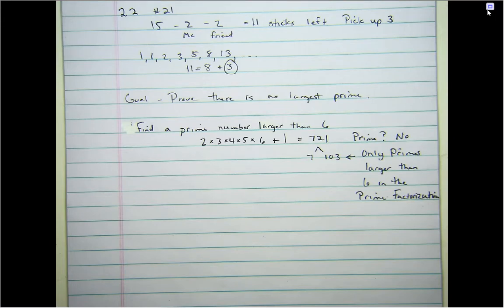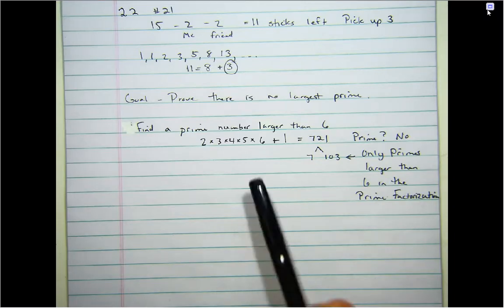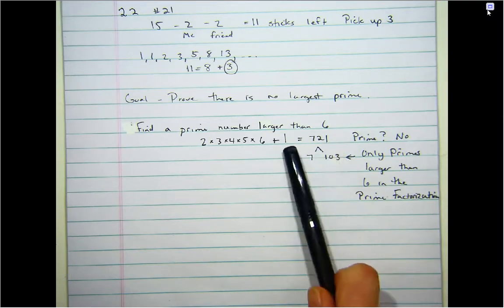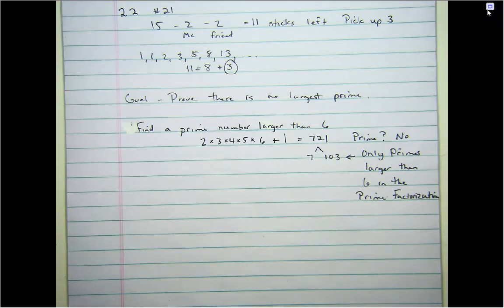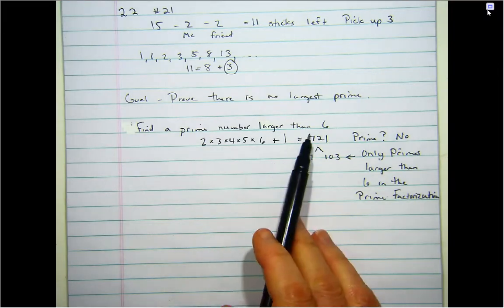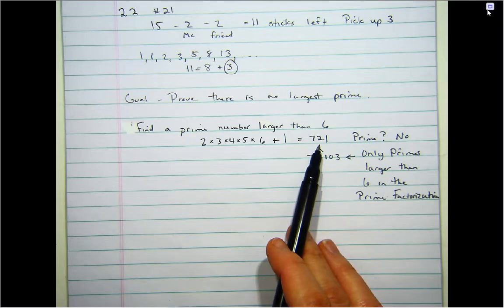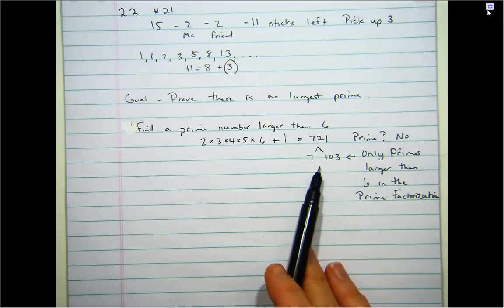It was actually Euclid who gave us this idea more than 2,000 years ago. It's a very clever and elegant idea to make sure that none of these other numbers will divide evenly into the 721 because of adding this 1. So when we're searching for a prime number larger than 6, we didn't find it in this big number. But if the big number itself is not prime, well, it has a prime factorization.